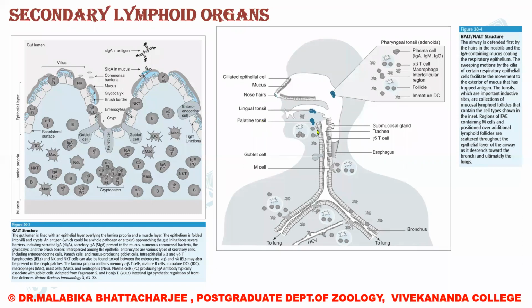So if there is any antigenic protein passing through the airway, the M cells play a role in transcytosis of the antigen, and once the antigen passes through the M cells and enters, the antigen capture is done by immature dendritic cells.